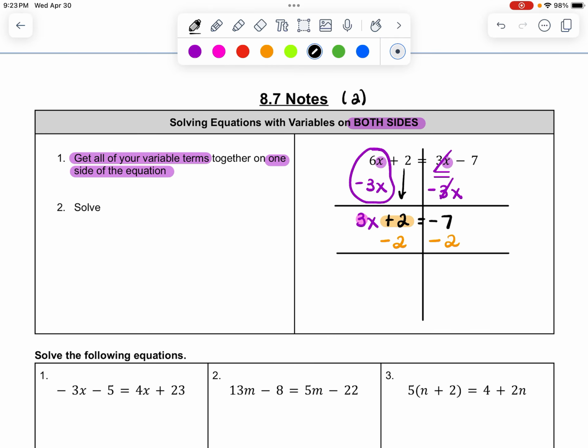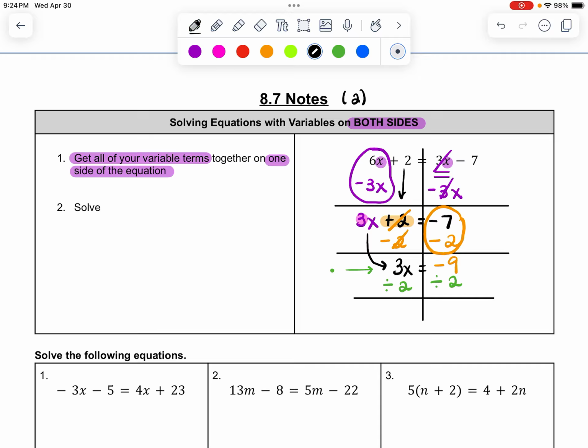When we do that, on the left side, the 2's cancel, and we just bring down the 3x. On the right side, negative 7 minus 2 is negative 9. Then, since this is a multiplication problem, we're going to divide in order to get the x by itself.